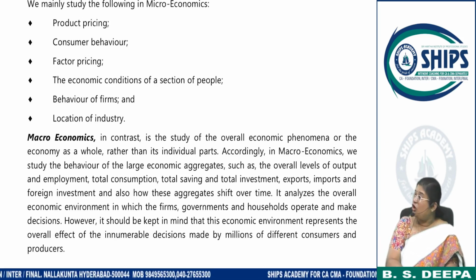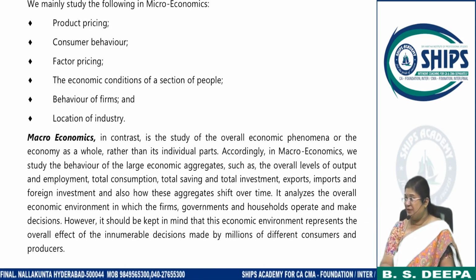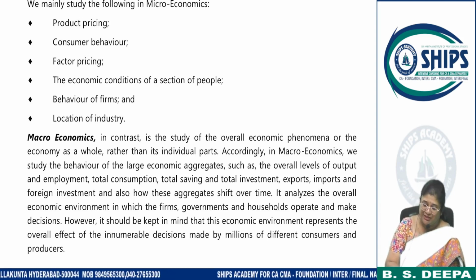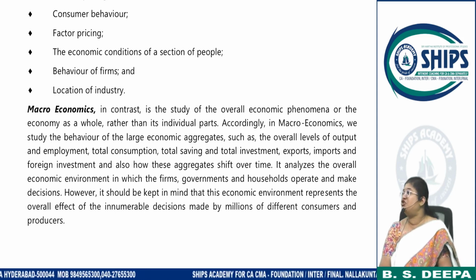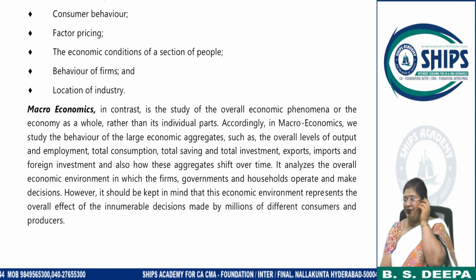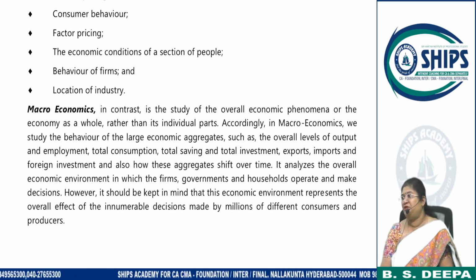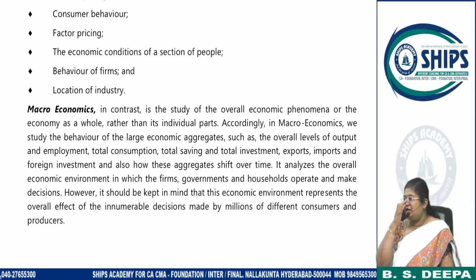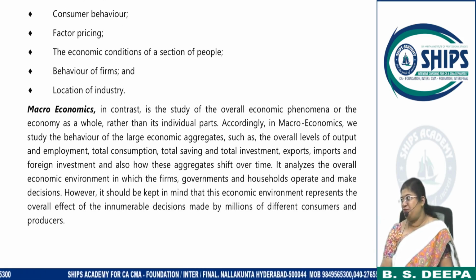Then we just now spoke about factor pricing, just now I was talking about it. Then economic conditions of a section of people. Now you find that middle class will have a different kind of an economic situation, right? The upper middle class may have a different kind of an economic situation.